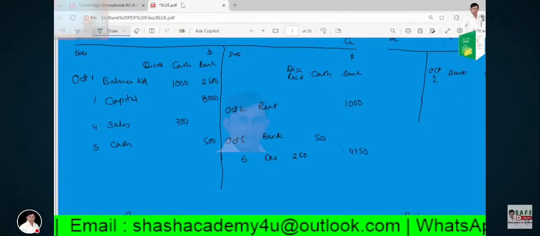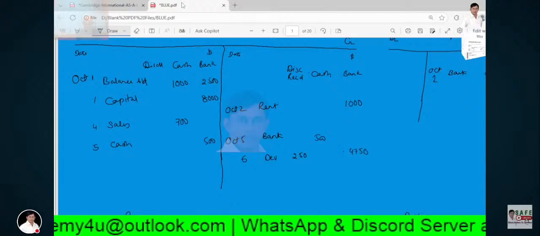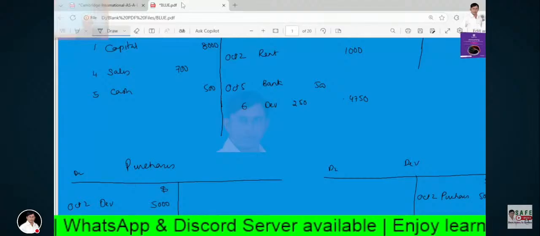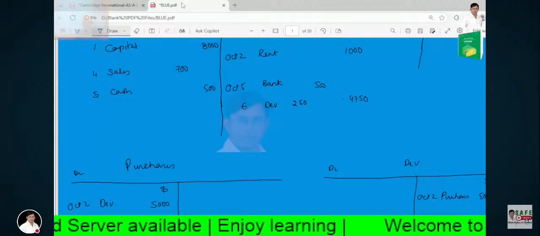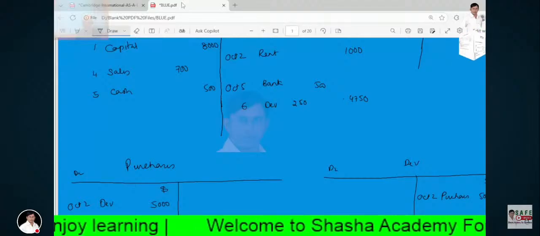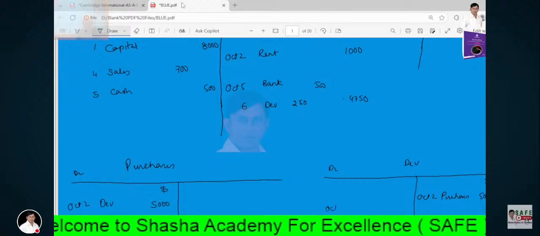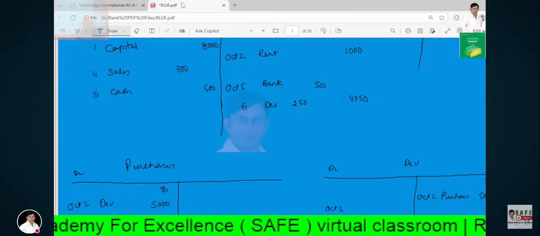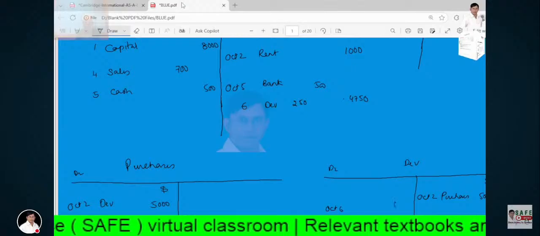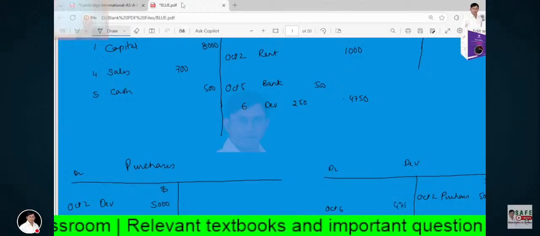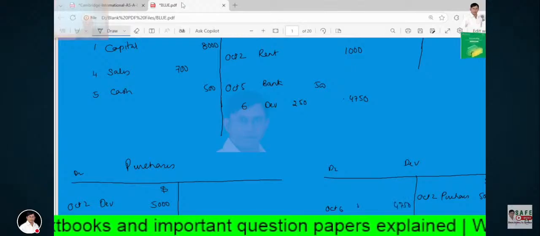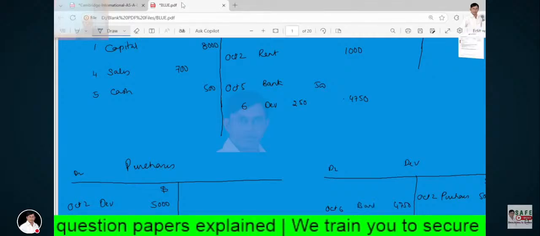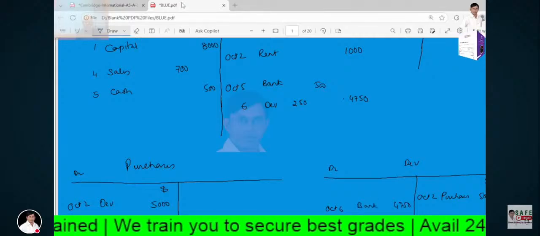So to whom have we paid? We have paid to them. When have we paid? We have paid on October 6th. How have we paid? We have paid by bank, 4,750, and discount received.